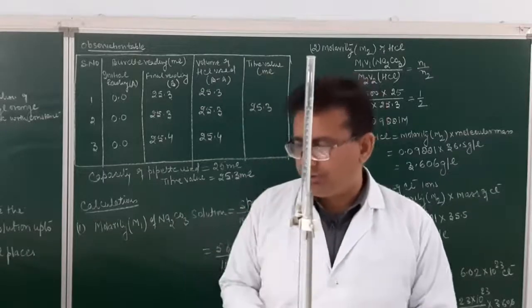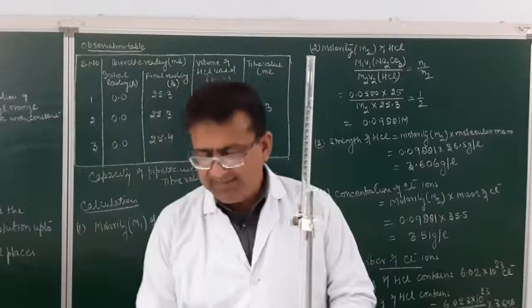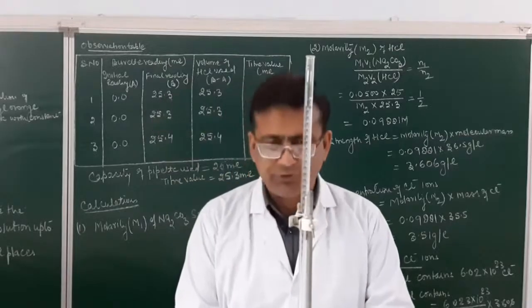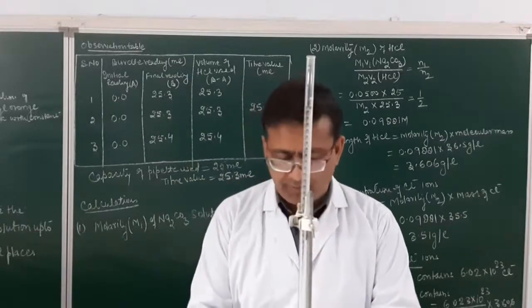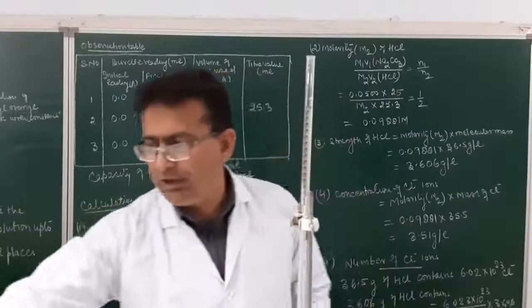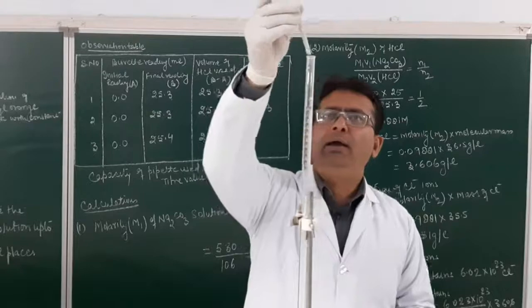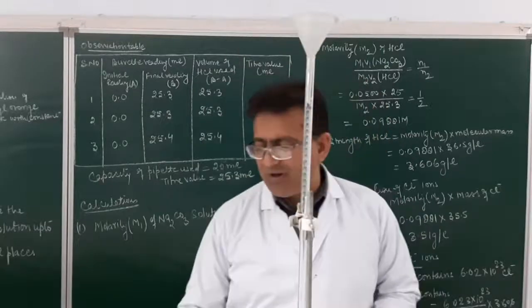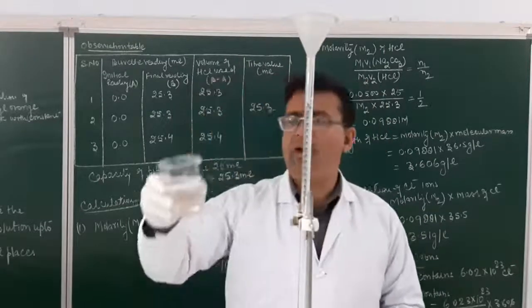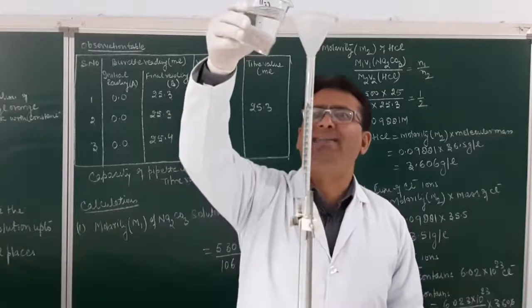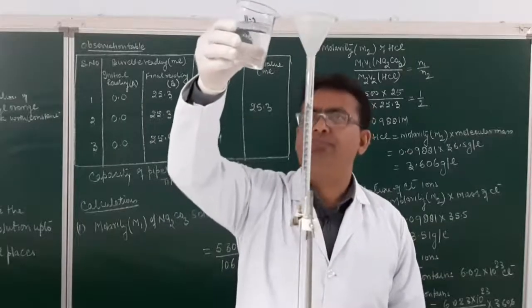In this burette, I will be adding C11 solution. First of all, tighten up the knob from over here so that it does not leak from the bottom, and then through a funnel we will add dilute HCl solution into this.